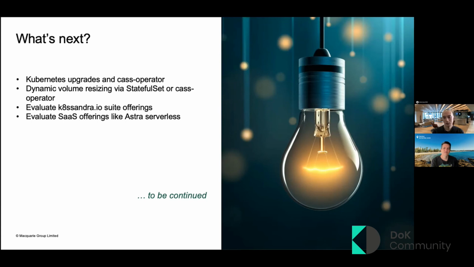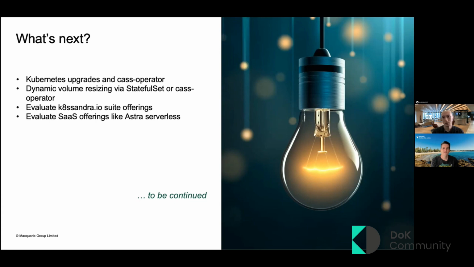Kubernetes upgrades. As Kubernetes evolves, APIs get deprecated and are eventually removed in the newer Kubernetes versions. How do we seamlessly ensure existing workloads will still work in newer Kubernetes versions? Dynamic volume resizing with allow volume expansion in Kubernetes storage classes is possible.